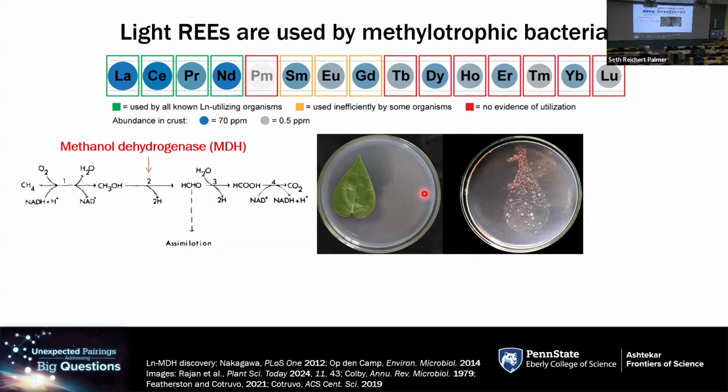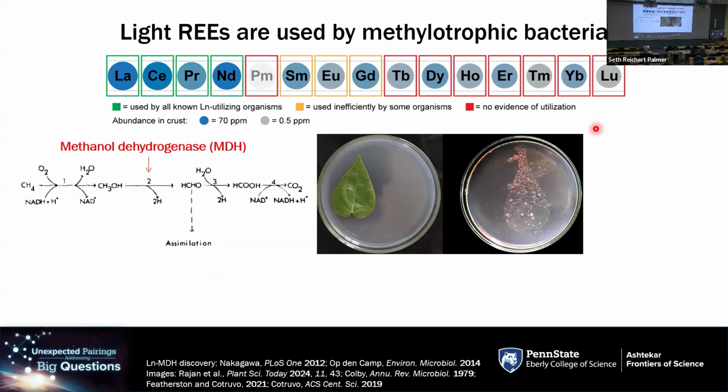And they're able to use compounds like methane and methanol as their only carbon source. So you and I need protein and glucose and fats for our carbon sources. These bacteria can get everything from methane, some of them, and all of them can get it from methanol. And an important enzyme that they use in doing that is called methanol dehydrogenase here.